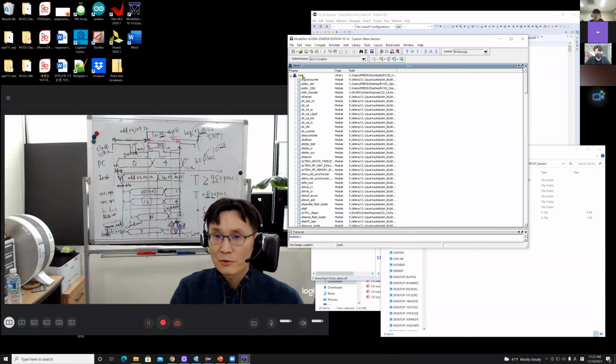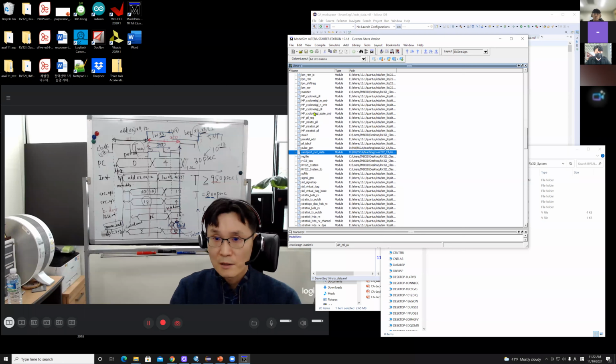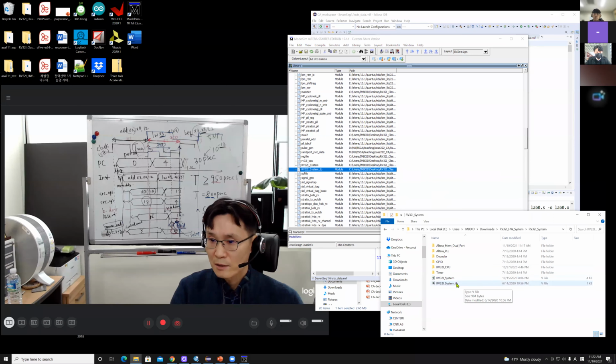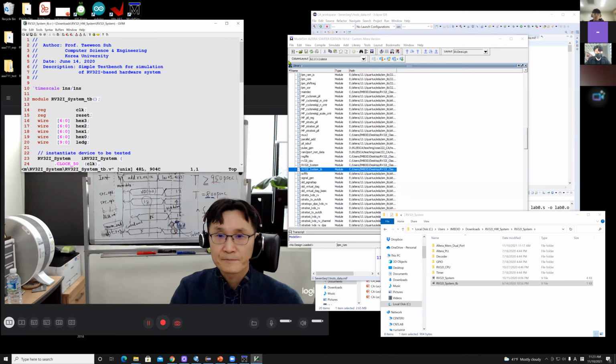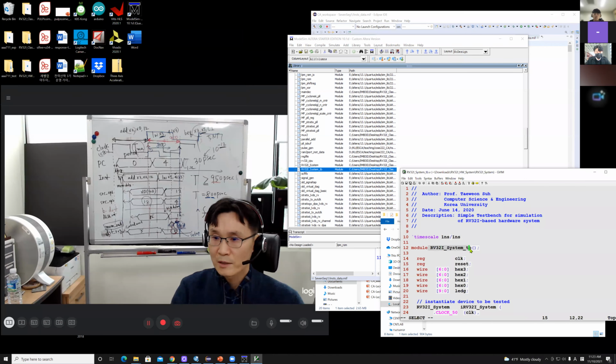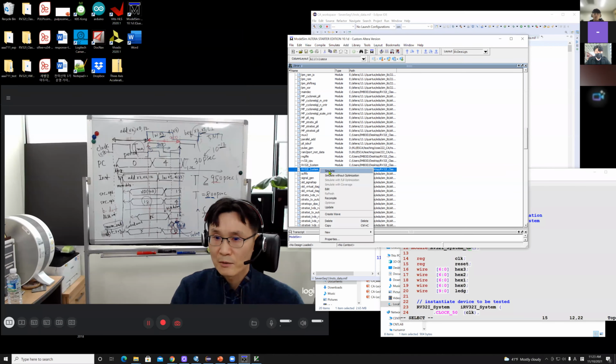Then go to work, then the test bench. That is the test bench, RB32i TB. The module name is RB32i TB. Right click on it, simulate.